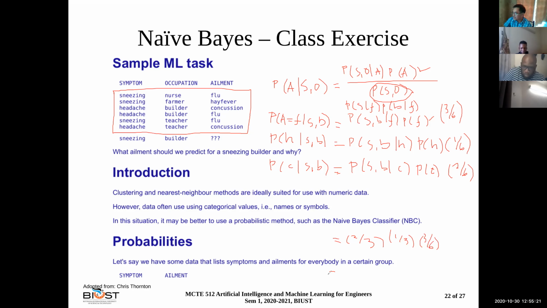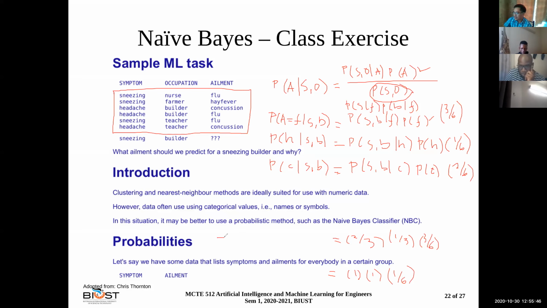Okay, then the second equation, the probability of hay fever. Hay fever given sneezing: hay fever and sneezing, that's 1 over 1, times the probability of builder given hay fever, that's 1 over 1, times the probability of hay fever, that's 1 over 6.